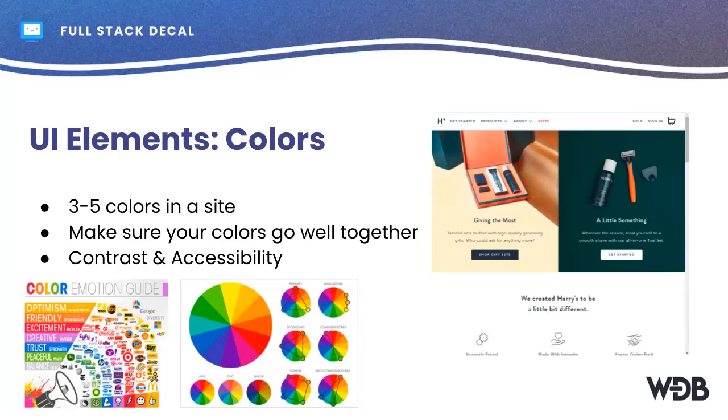And with contrast, you want to make sure that the text on top of the background is bright enough and contrasting enough so that you'll be able to see it even if certain people's eyes are not very good. And on the right-hand side, we see a really good use of contrast here. The green on top of the beige is really contrasting, really easy to read. And the green and the beige just complement each other really well as well.